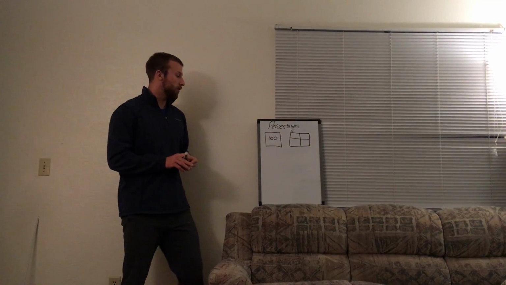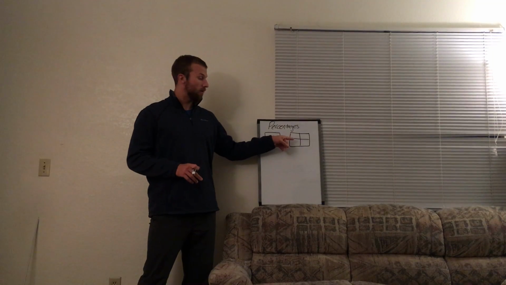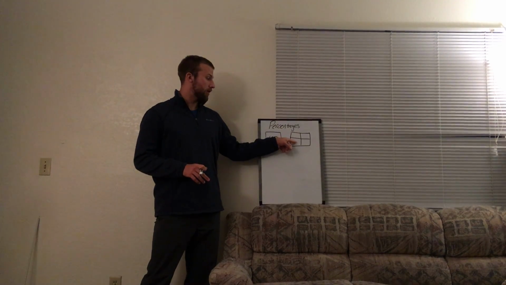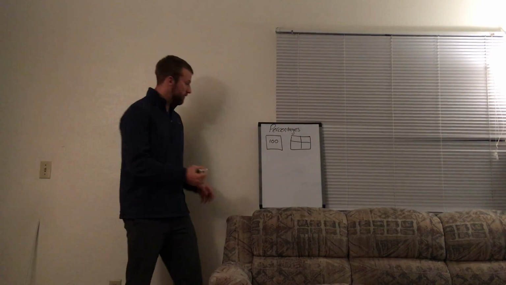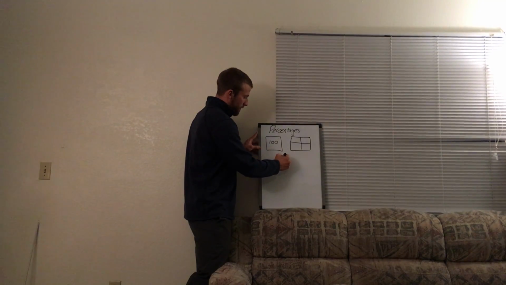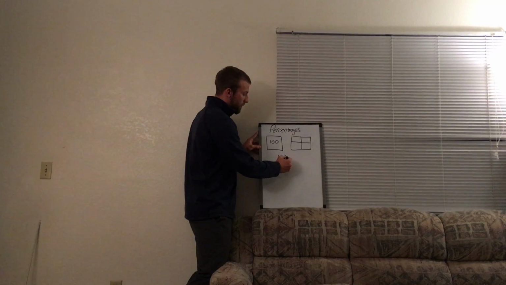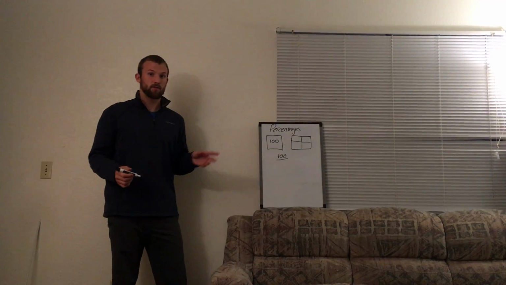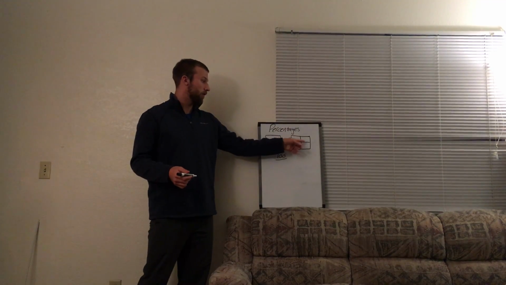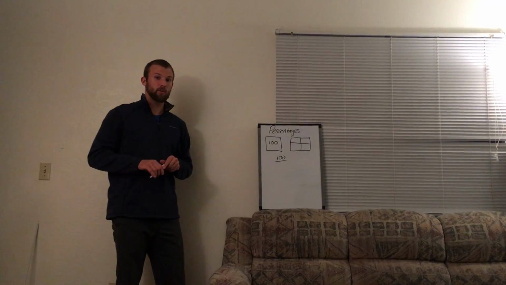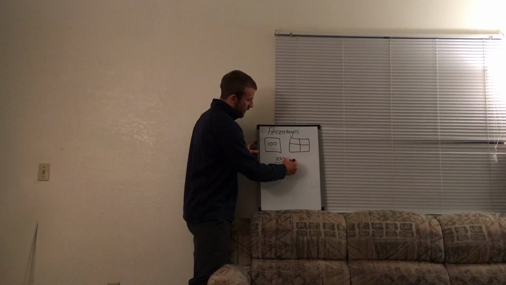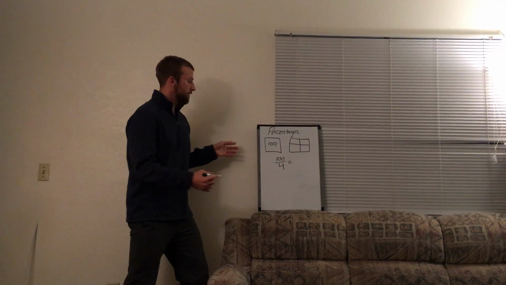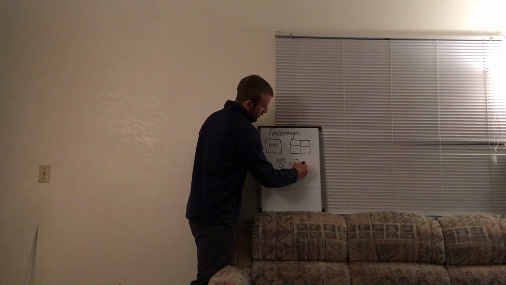Now when we break it into 4 equal parts, to figure out how many squares are in each of these parts, we have to take the whole number, so 100, and divide it by how many parts we split it into, which is 4 equal parts. Equal is a key word there. If we do that math, that will give us 25.